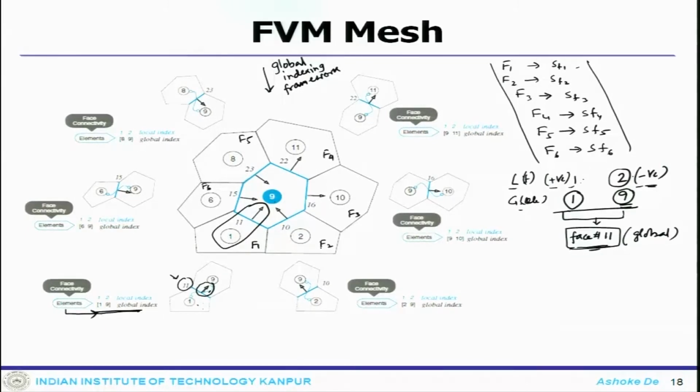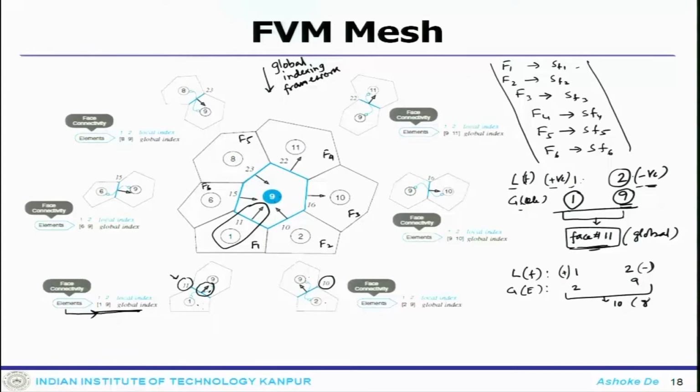Now, let us move to the next element, element number 9 and element number 2. So, this is 9 and 2. The global indexing of the face is 10. I have a local face numbering which is again 1 and 2, that means this is plus, this is minus, global element numbers 2 and 9, common face is 10.